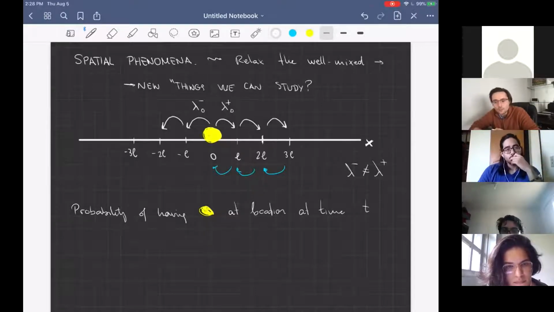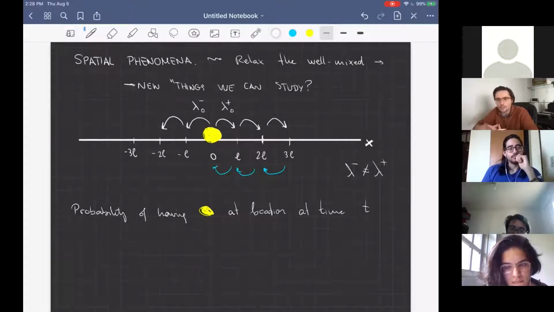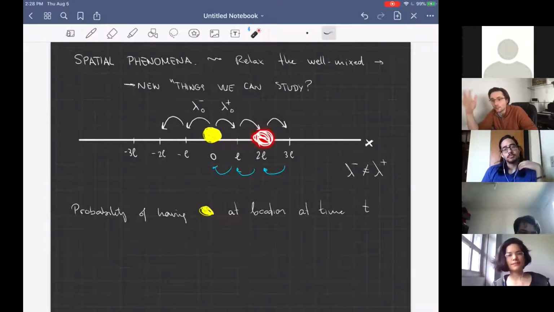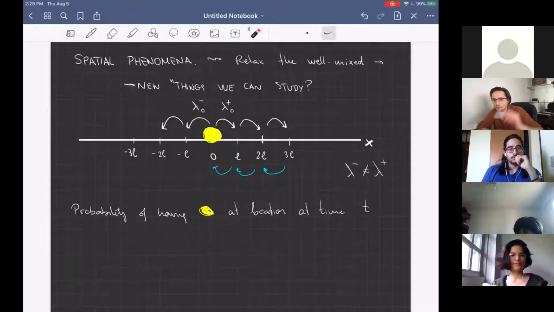So if I give you this probability distribution function, this distribution of probabilities, then you have all the information. That's all you can tell me. You cannot tell me that at time t equal to 10, the particle is going to be here. A priori, you cannot say that. You can tell me with probability 0.3 it is going to be there, with probability 0.5 it is going to be there.